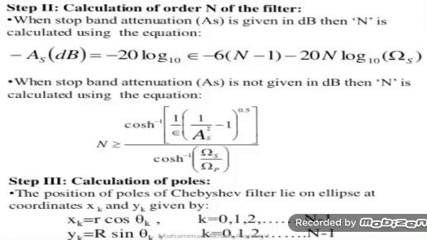When stop band attenuation AS is not given in dB, then n is calculated using the equation n greater than or equal to inverse hyperbolic cosine function, 1 by epsilon into (1 by A squared minus 1) whole to the power of 1 by 2, divided by cosh inverse ωs by ωp.